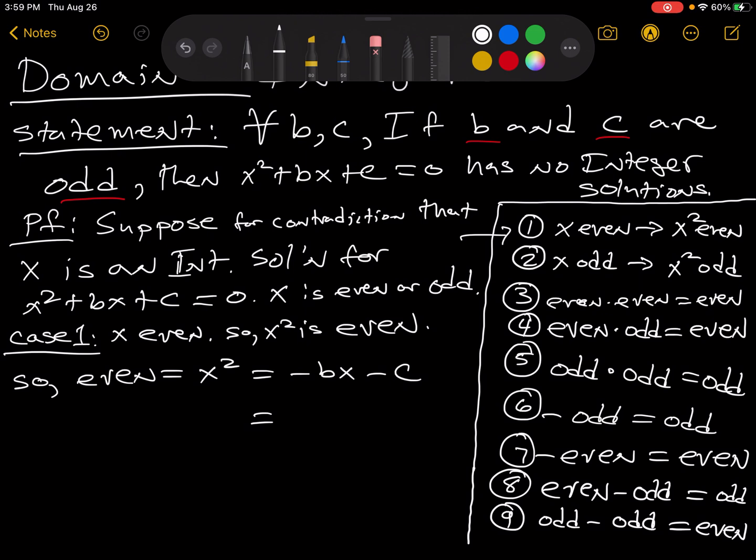Remember, an even times an even is an even times an odd is even. So this is an even here, minus, and c is an odd. We have odd. An even minus an odd is an odd. That's a contradiction. If x is an integer solution that is even, we find that an even equals an odd. That's a contradiction.